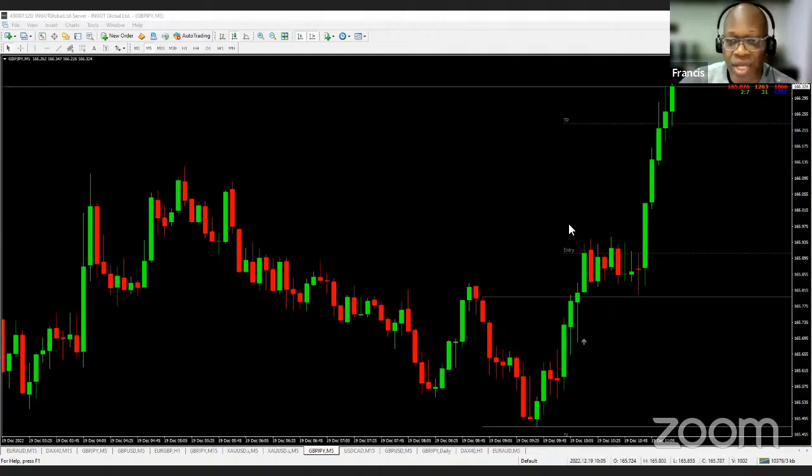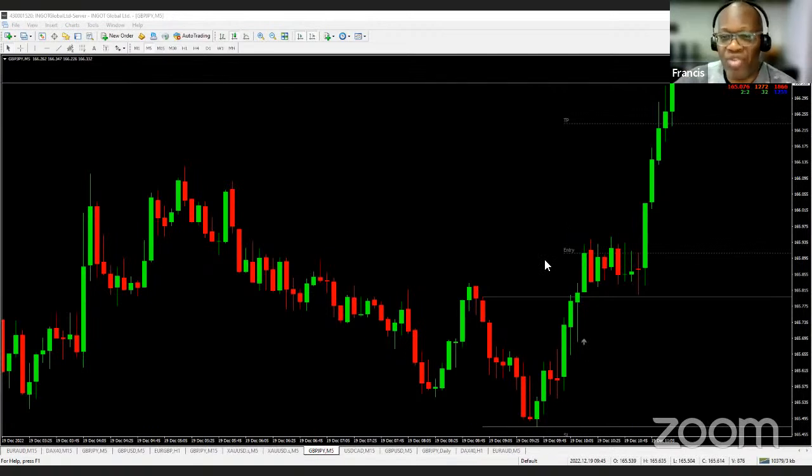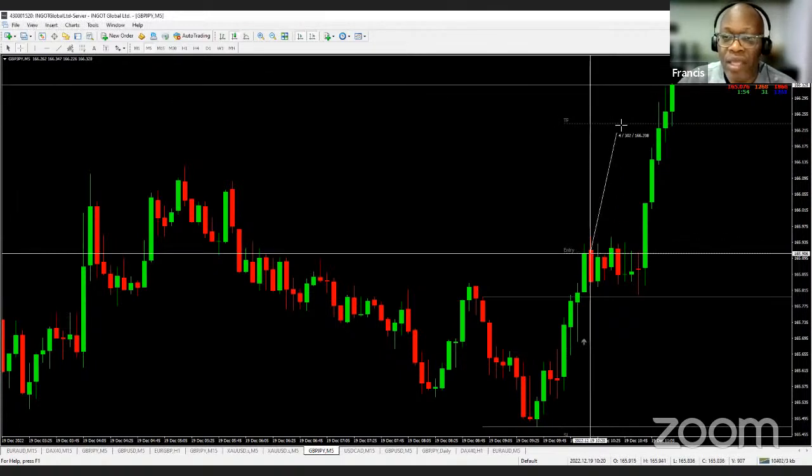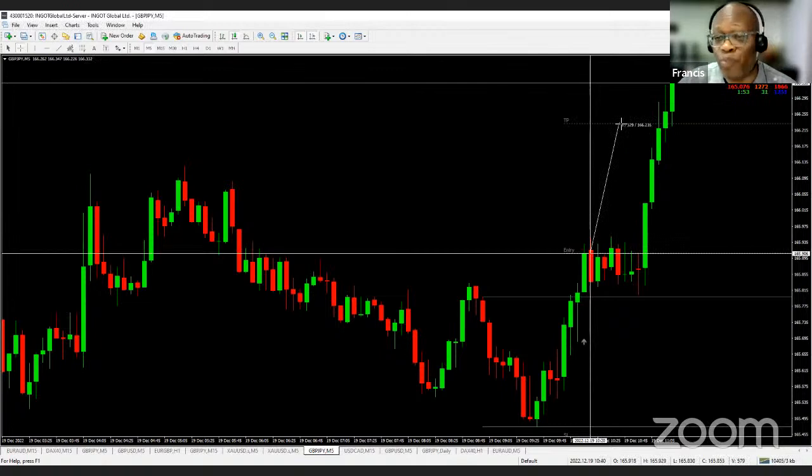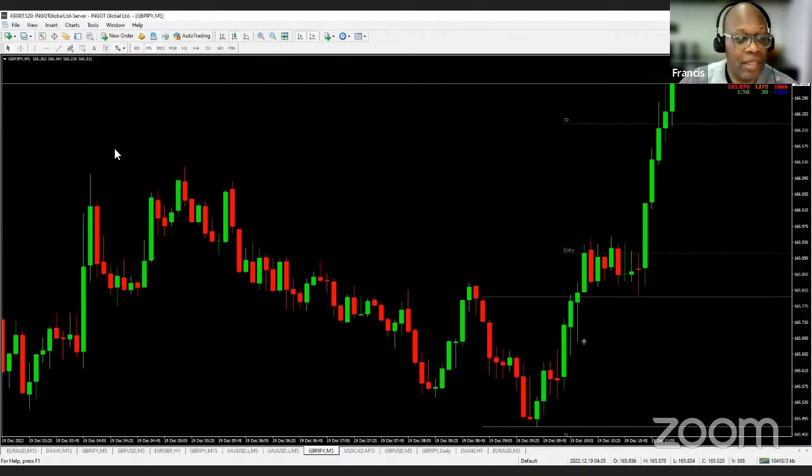So you can see this is GJ, pound JPY, and it says enter. That is basically the entry, and it has already hit TP1. It has already given 32 pips.